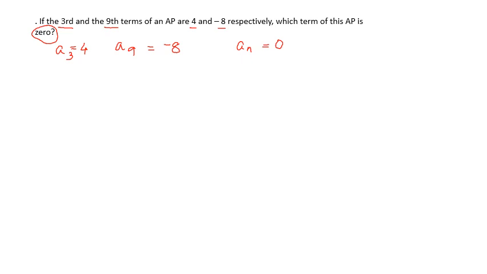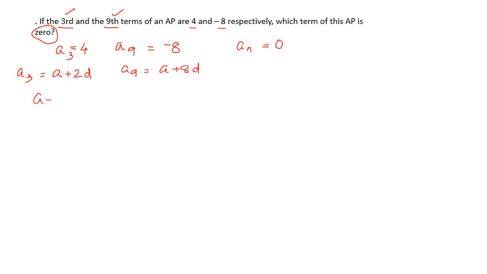Now you are given third term and ninth term. What are you supposed to do first? Form the equations. A3 equal to A plus 2D. A9 is A plus 8D.